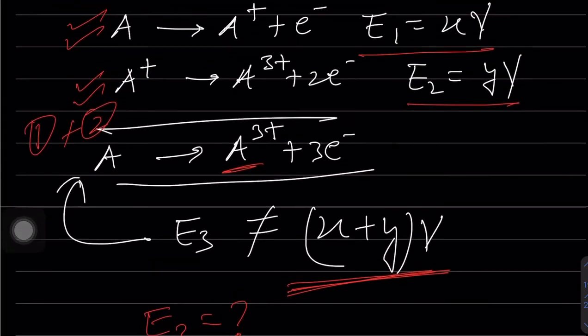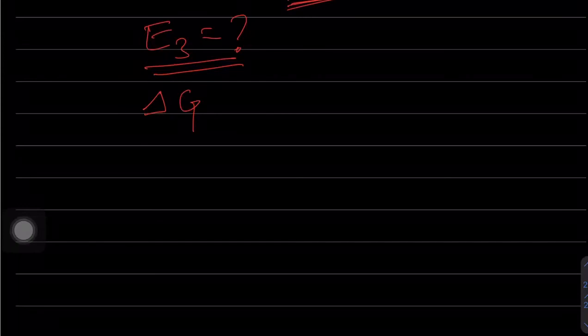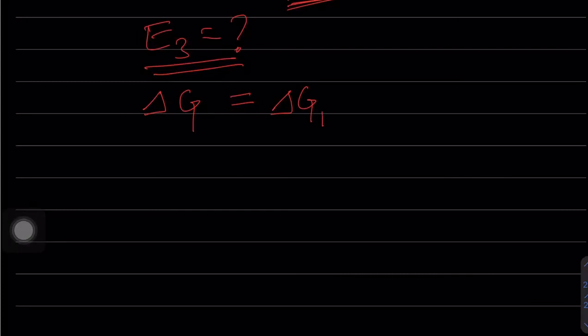If E1, E2, E3 are given, we will take delta G. If E naught is given, we will take delta G naught. We know very well that delta G equals delta G1 plus delta G2, yes or no? Because that is additive, we know it.